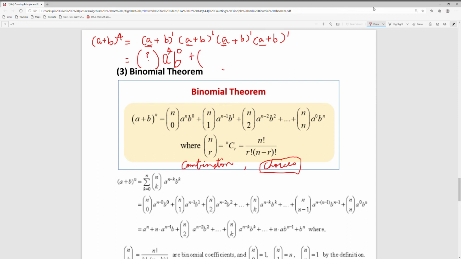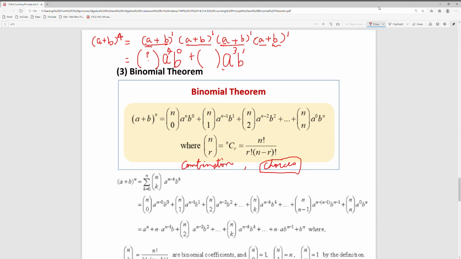Then you may choose 3 a's and 1 b. So you may choose a, a, a, and in the last one you don't choose a, you choose b. That's possible. So you choose 1 b.